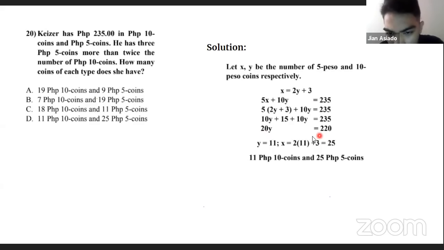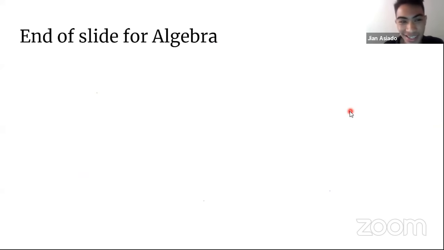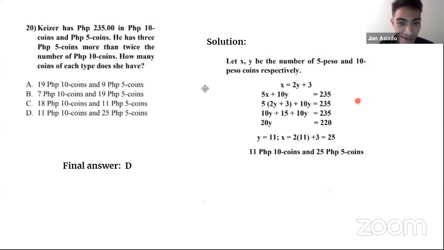So, we have y is equal to 11. And then, this one, plug in si y, tapos magiging 25. 11, 10 coins, and 25, 5 peso coins. Yun, so letter D. Well, yun, that's the end for algebra.